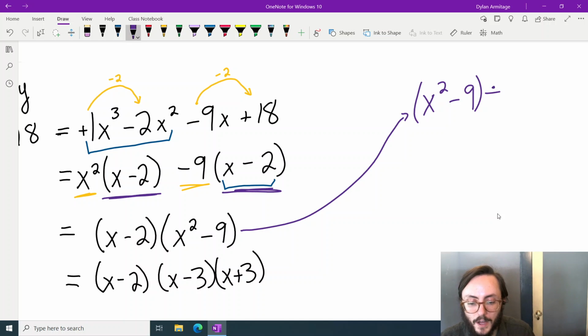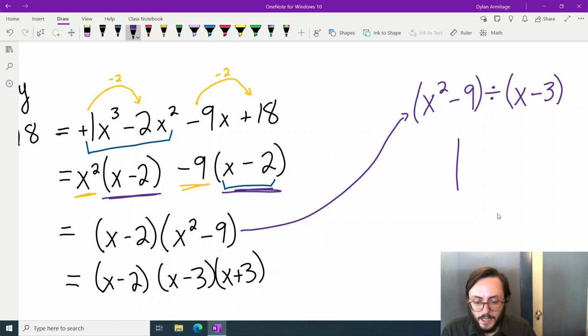So if we divide by that factor, we will get the other factor. Now, what is that thing that we can divide by? Well, we know it has to have an x. And we know that it probably should be negative because we have this negative 9. And we can multiply easily to get positive 9 or negative 9 from negative 3. Hint for there.